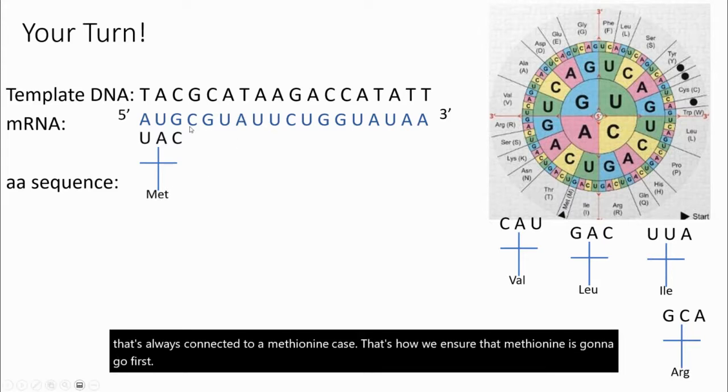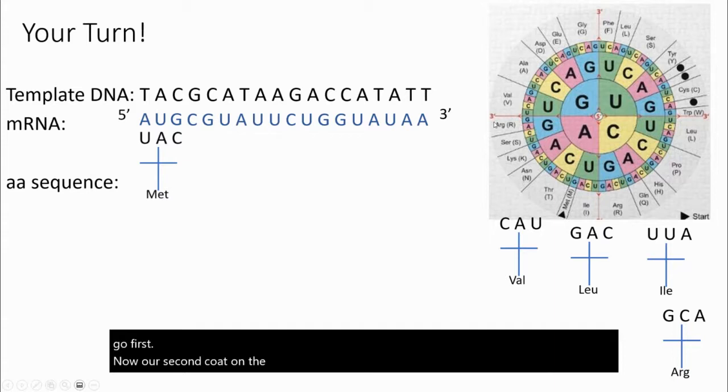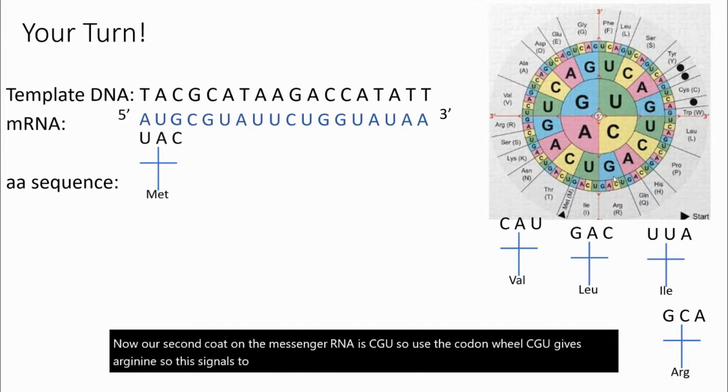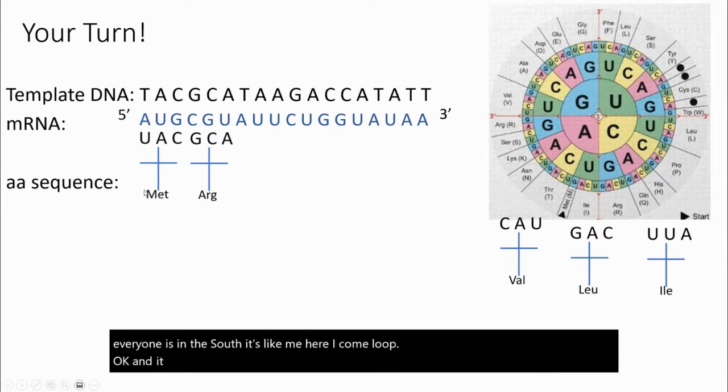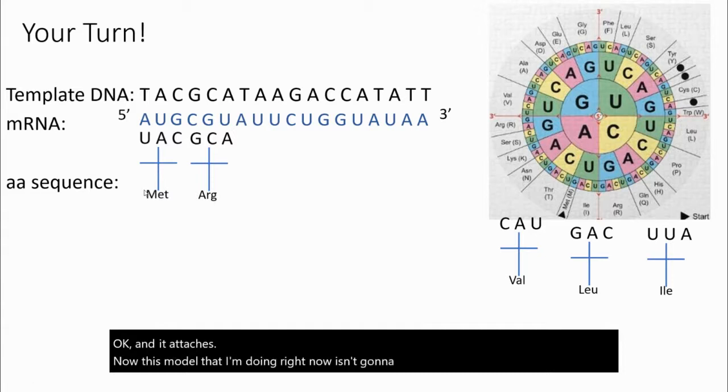Well, now our second codon on the messenger RNA is CGU. So use the codon wheel. CGU gives arginine. So this signals to the cell that, hey, I need a tRNA carrying arginine. So wherever one is in the cell, it's like, oh, me, here I come. Okay, and it attaches. Now, this model that I'm doing right now isn't going to be completely perfect.